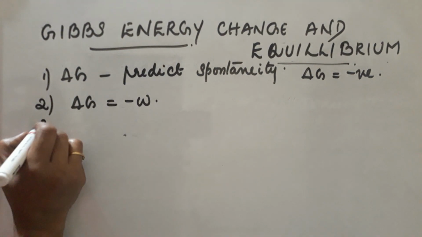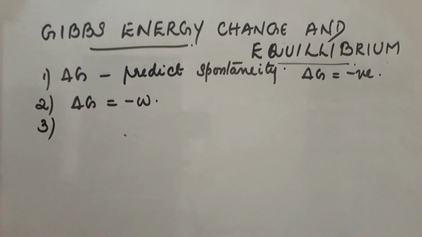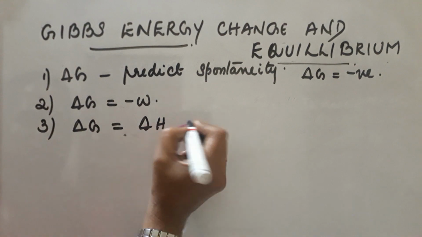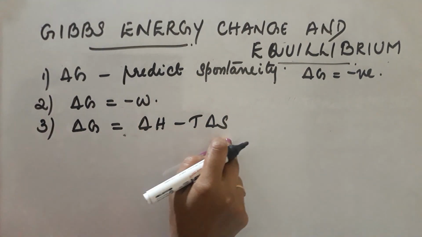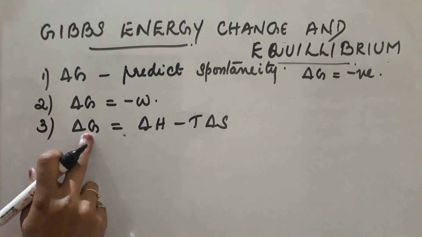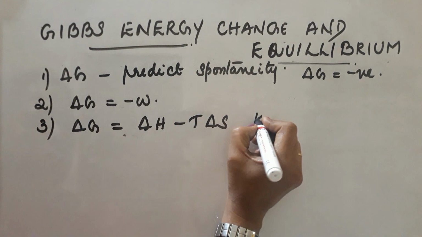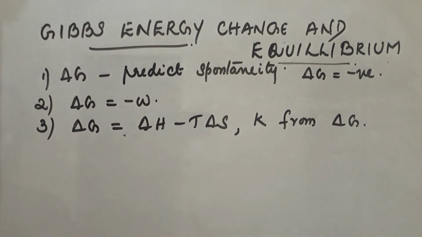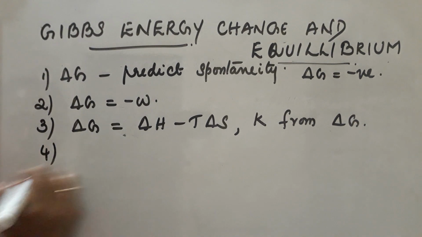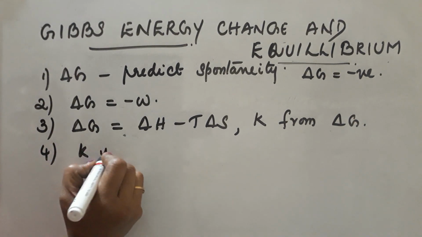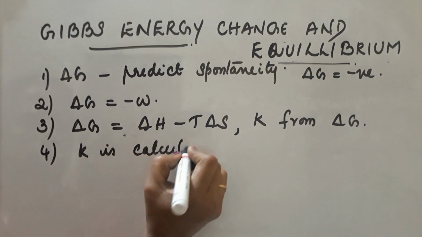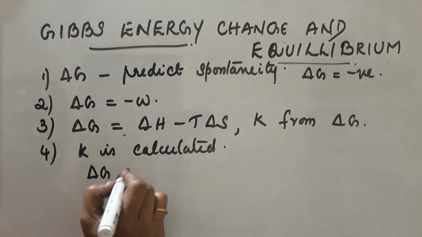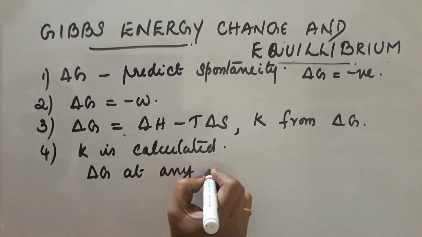Now, third point: we can also calculate delta G. If delta H and delta S are known, we can find delta G. If delta G is calculated, we can easily calculate the equilibrium constant K from delta G. Another important point: if K is calculated directly from the lab, we can find delta G at any other temperature.